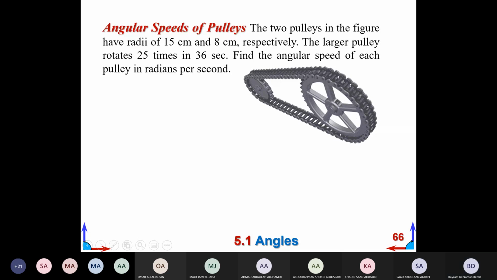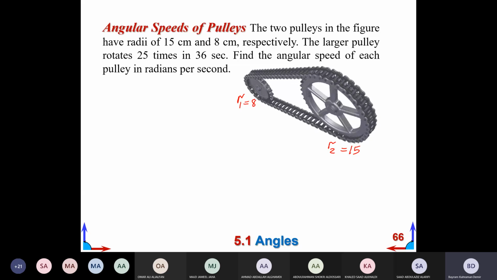Let me just find R1. R1 is equal to 8 centimeter, and here R2 is equal to 15 centimeter. Right? The larger pulley rotates 25 times in 36 seconds.